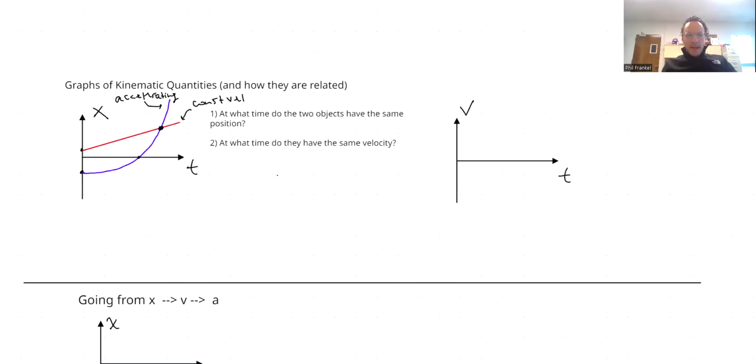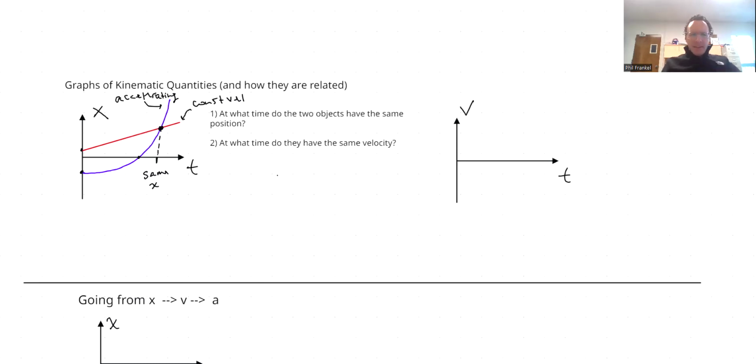This time that I'm indicating on the t-axis here is the time at which they have the same x, the same position value. And if you wanted to know what that position value was, you could go across and read off how many meters. If the vertical axis were labeled, you could read off how many meters to the right of the origin the objects are at that particular time. All right, so where the graphs intersect, that is the time when the objects are at the same place.